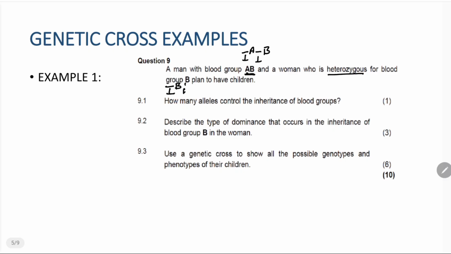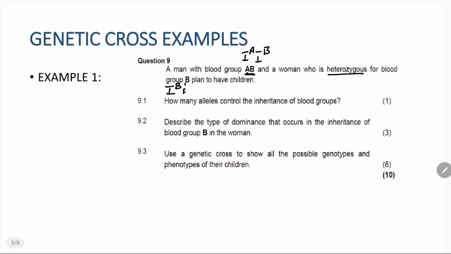That is heterozygous. If this person was homozygous, it would be capital I to the exponent of capital B, capital I to the exponent of capital B. But because the person is said to be heterozygous, this is going to be our genotype, right? So this man and this woman are said to be planning to have children.